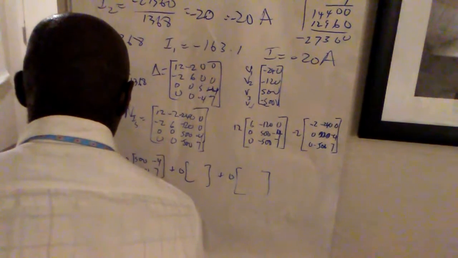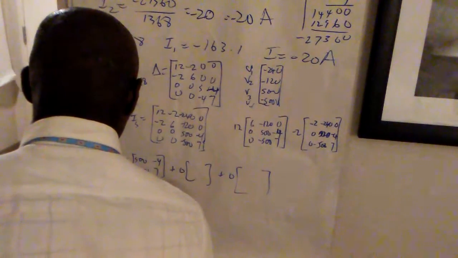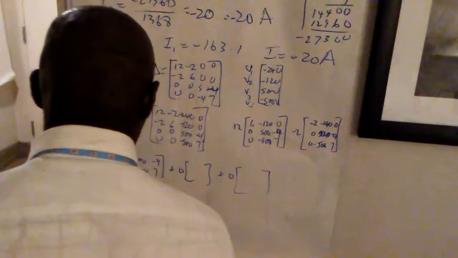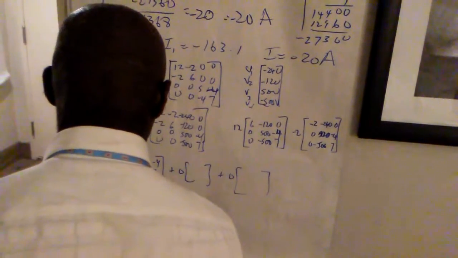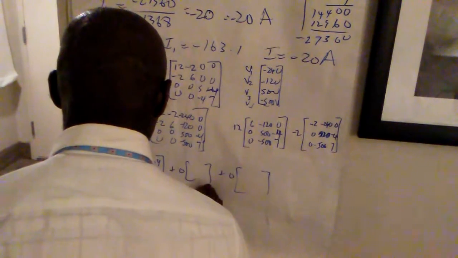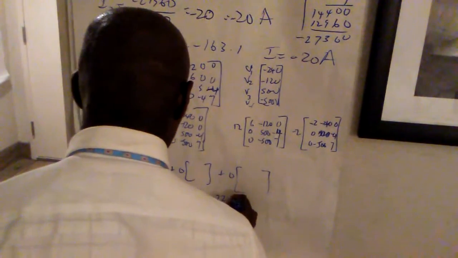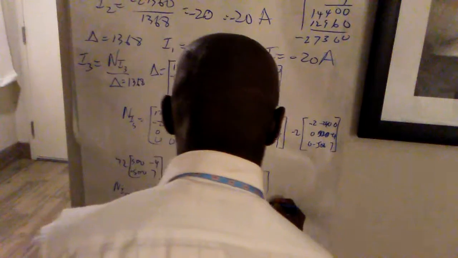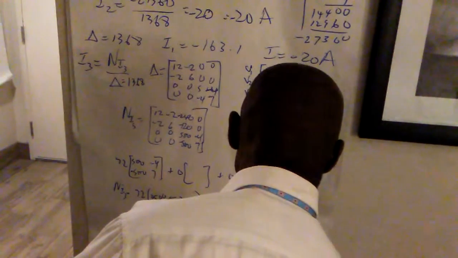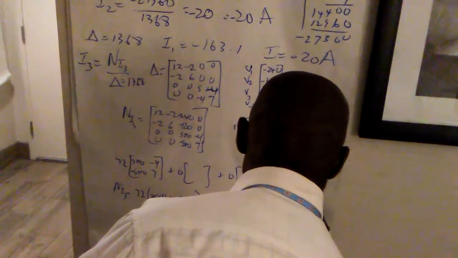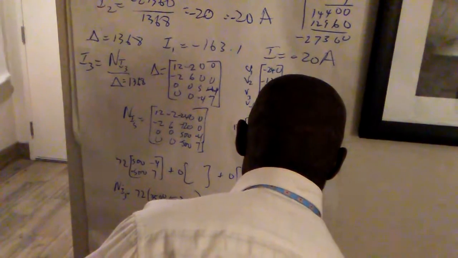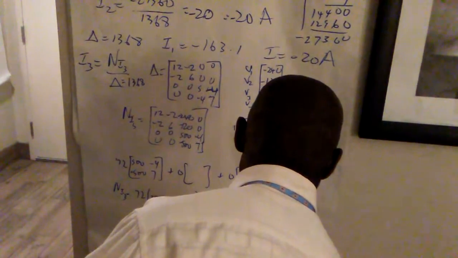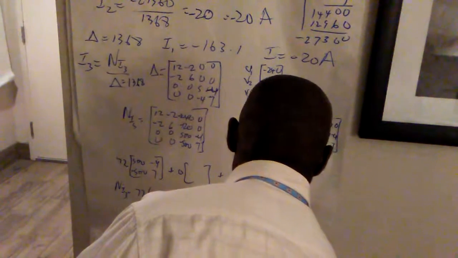N I3 will be equal to 72 times 3500 minus 2000, which is equal to 72 multiplied by 1500, which is 108,000.